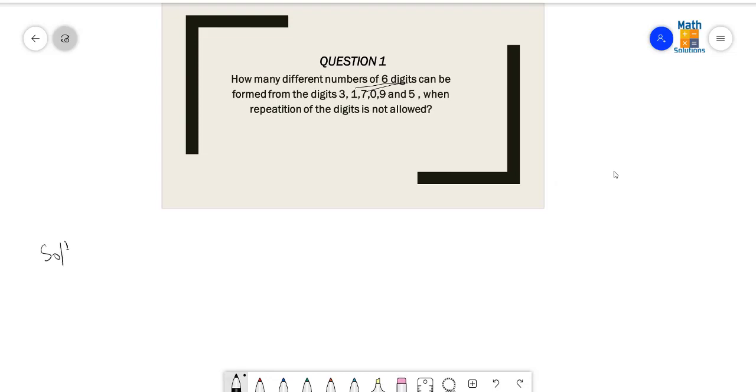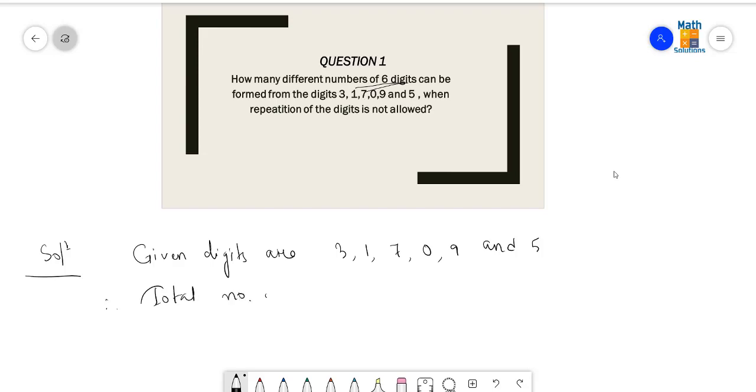In the solution part, we have to write: given digits are 3, 1, 7, 0, 9 and 5. Therefore total number of digits is equal to 6.